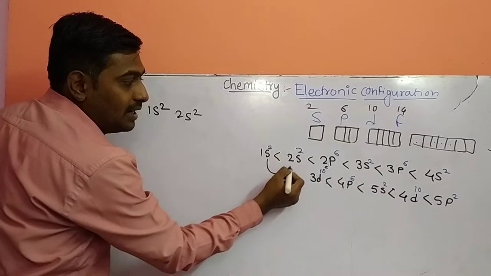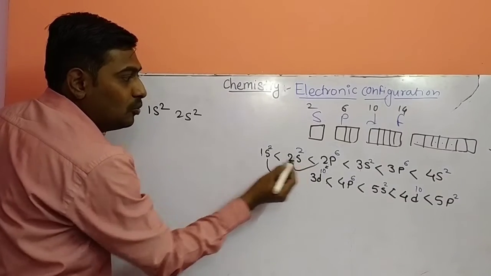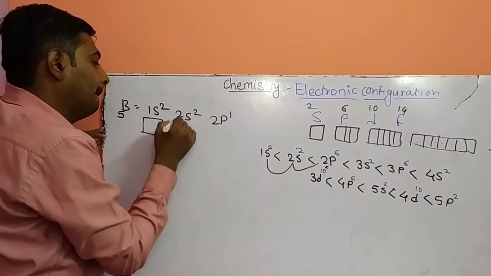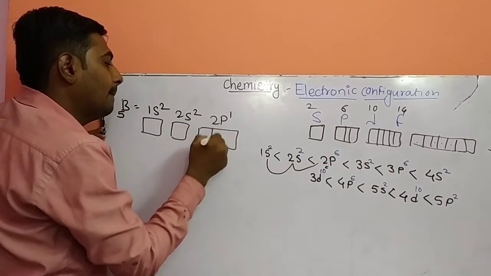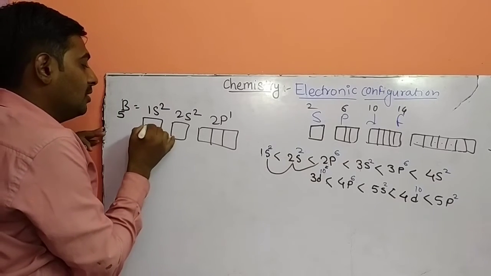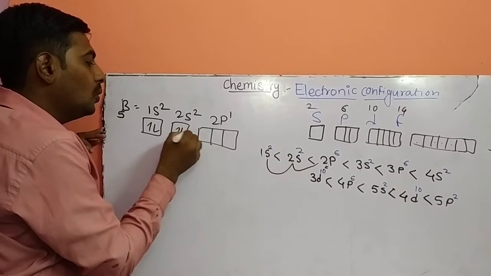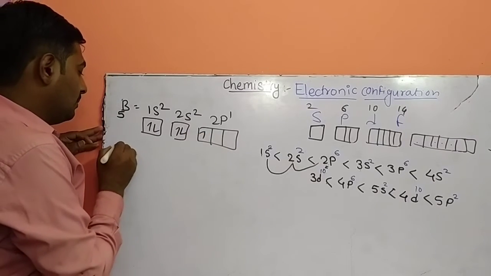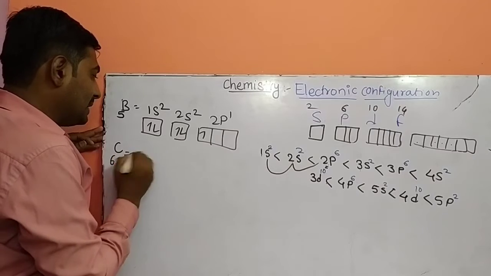This one is completed. Then the electron enters the 2p orbit, that is 2p1. How will it be represented? The p orbital has 3 suborbitals in continuous spaces. 1, 2, 1, 2, 1. Only 1.